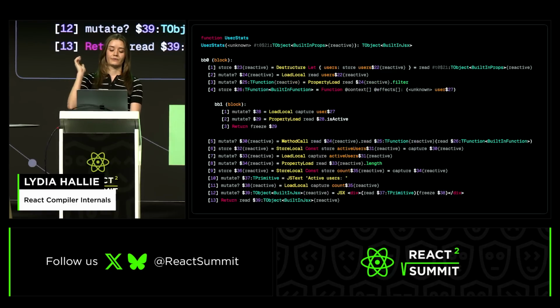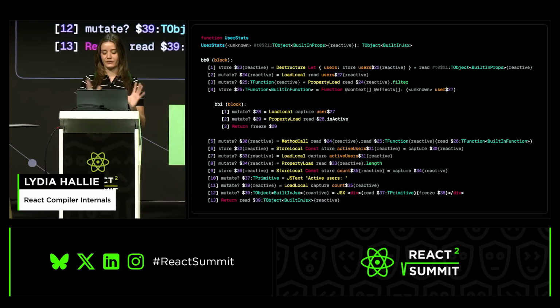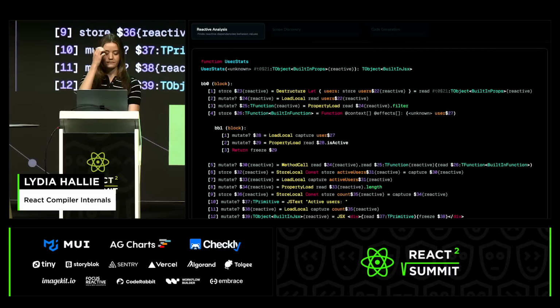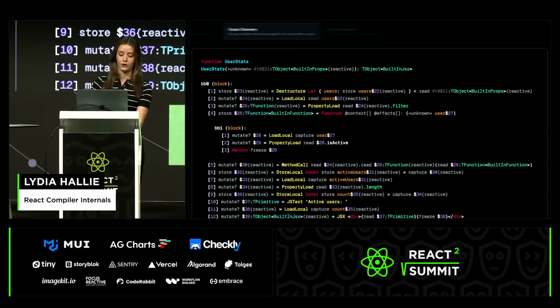Okay, so at this point, we've got our code broken down into an HIR, tagged with types, effects, reactive annotations, and so on. And we also know what values can change between renders. But now the compiler has to decide which operations should be cached together and which ones should just run every time. Variables that change together must also be cached together. So now it's time for the next phase, which is scope discovery.